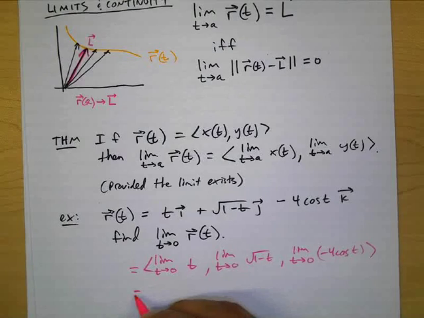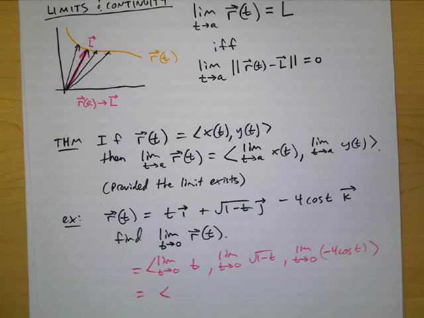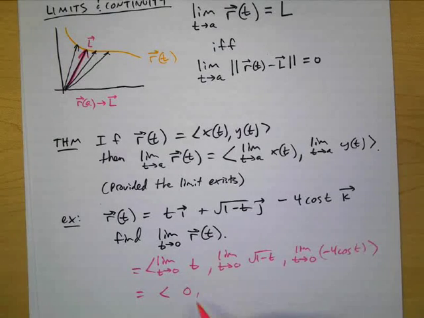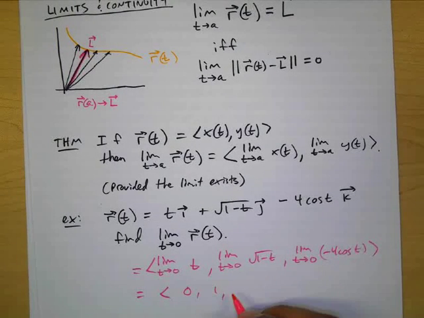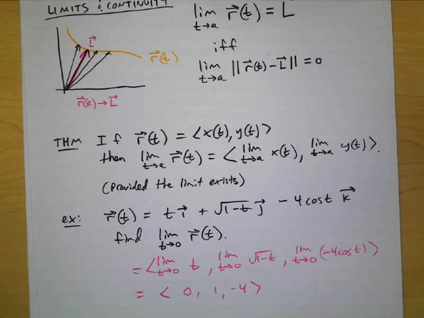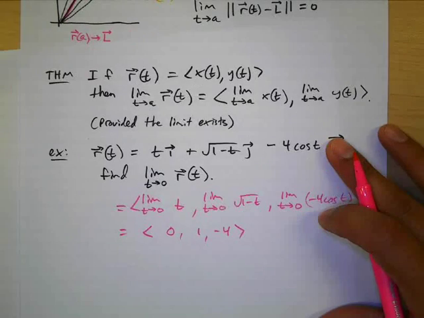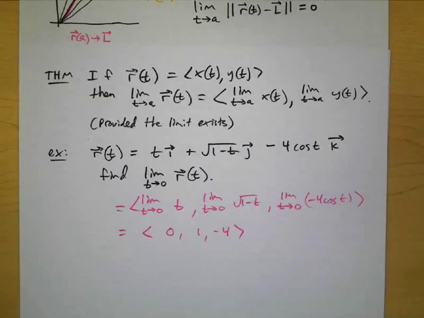And we get a vector out of that. What is that vector? 0, 1, and negative 4. Very good.